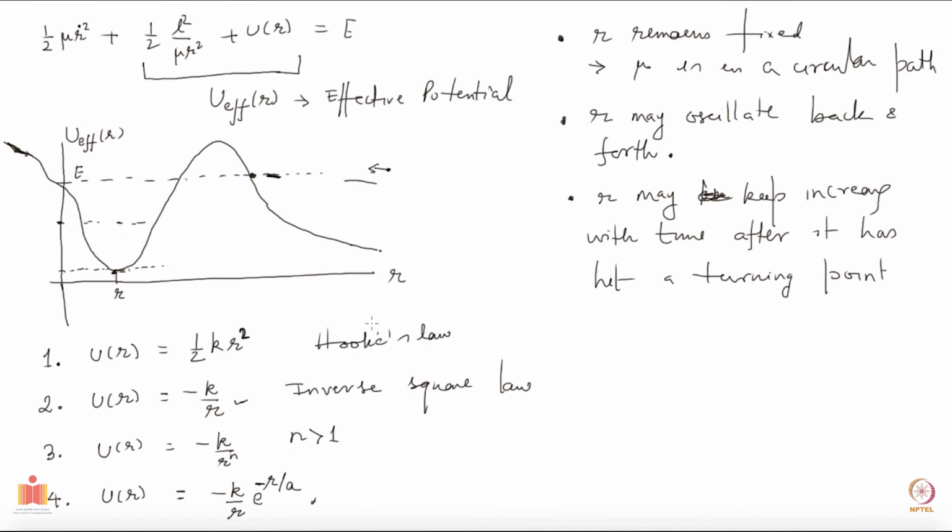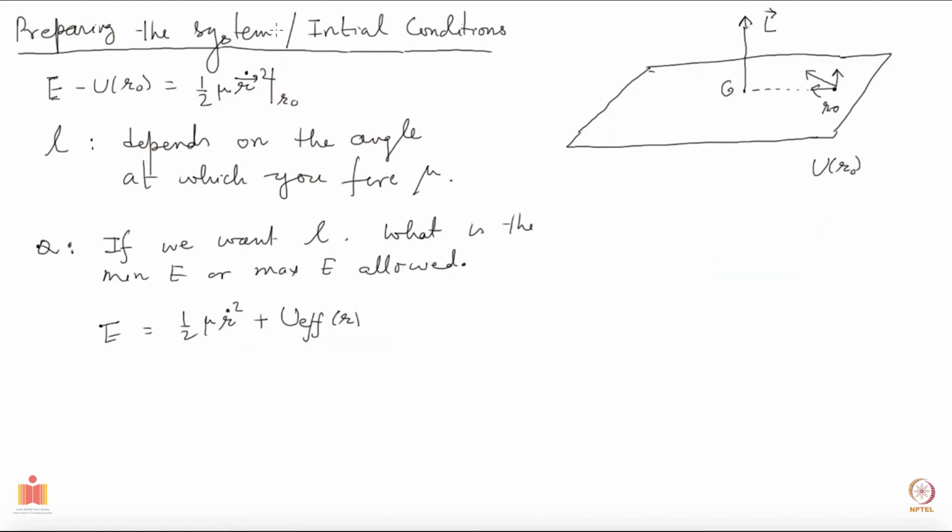Let me just show you once more here. This is the U effective. And also note that this piece which is coming here is always positive. But U of r could be negative also, because there may be attraction.